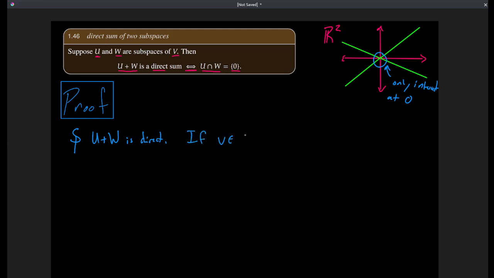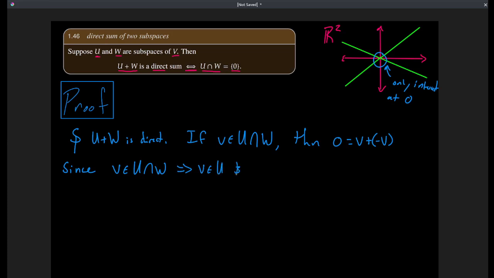If V is in the intersection of U and W, then 0 equals V plus minus V. Since V in the intersection implies that V is in U and V is in W, and hence minus V is in W as well.